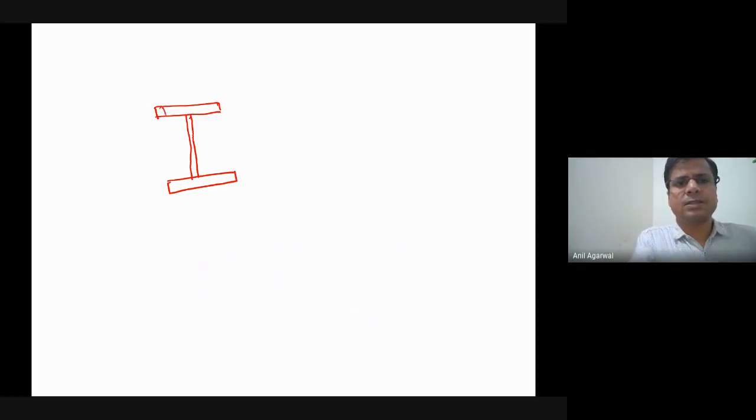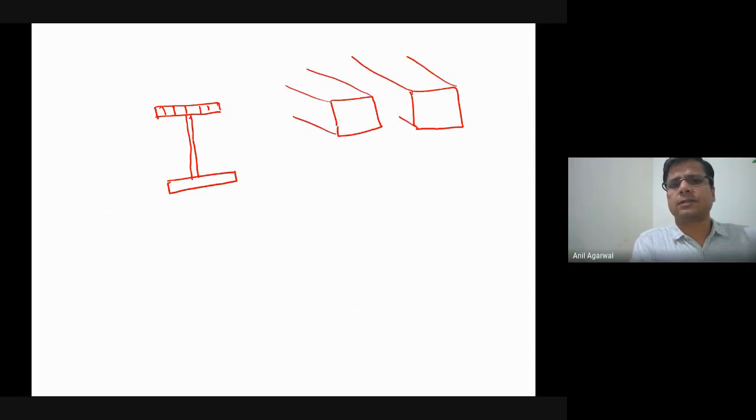What it basically means is that if you divide this into small cells and look at each cell independently, what is happening is that each cell wants to twist. So if I draw it in the longitudinal direction also, and I've just separated the cells from each other so that we can understand. So this cell wants to move down, and this cell wants to move up, and it wants to move down here. Okay, so this kind of a twisting is happening in each cell.